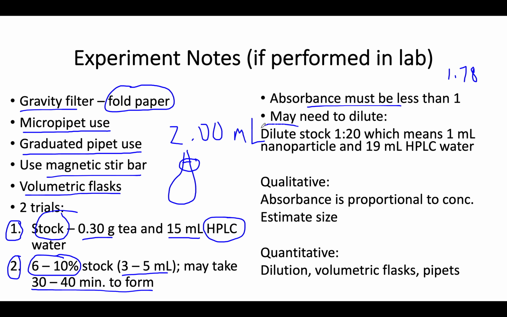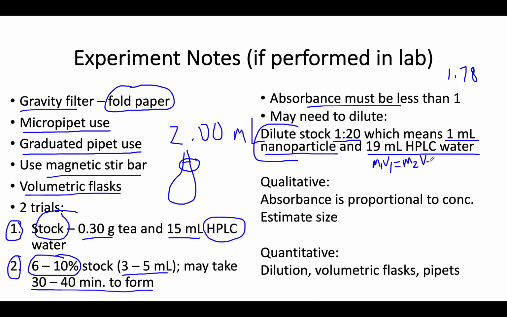So I recommend then diluting with a 1 to 20 ratio. And what that means is you take 1 mil of the nanoparticle, that's what you made, and then you take 19 mils of HPLC water, that's a 1 to 20 dilution. And you recall that all comes from activity 7, this M1, V1 = M2, V2 equation.